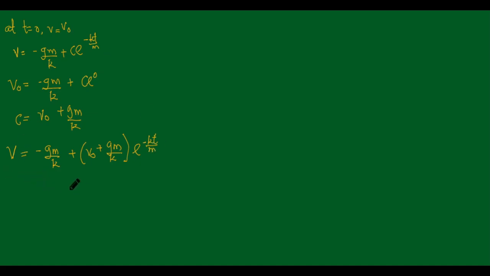So we also know that the velocity of the body is the change in displacement divided by time, and from the question, displacement has been assigned s. So ds dt is equal to v, and this is equal to minus gm divided by k plus v naught plus gm divided by k multiplied by e raised to power minus kt divided by m.